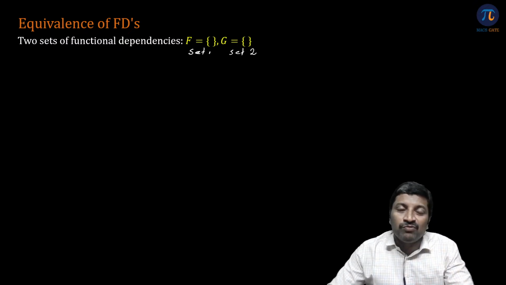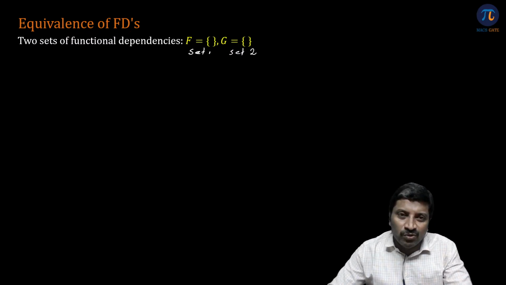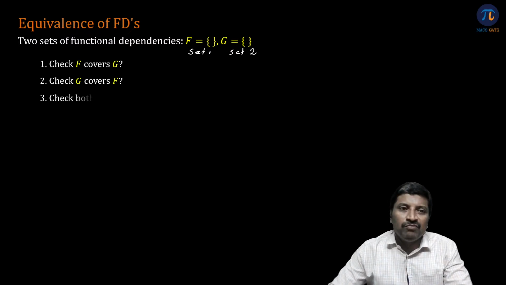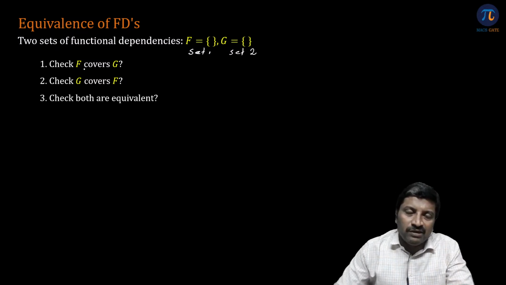Now the question is, what is the meaning of equivalence in the case of two sets of functional dependencies? So first we need to know what is the meaning of equivalence. For that, these are the steps. First we verify whether the first set covers the second set, and then we verify whether the second set covers the first set.